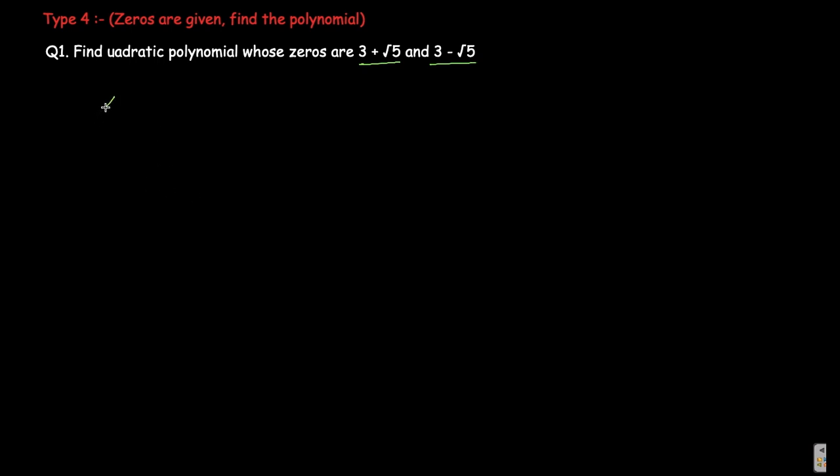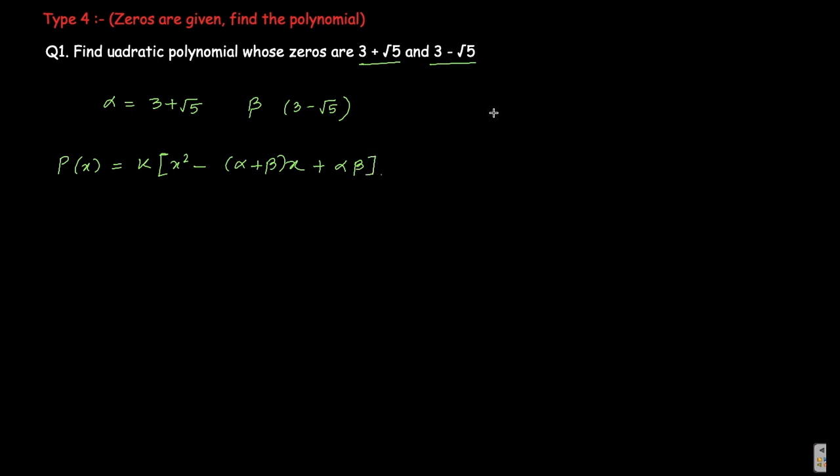That means alpha is equal to 3 plus root 5 and beta is equal to 3 minus root 5. To find the polynomial, the formula is p(x) is equal to k into x square minus (alpha plus beta) x plus alpha beta, that is the sum and the product of the zeros.